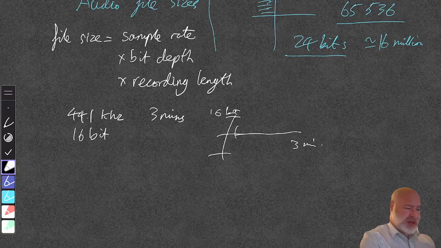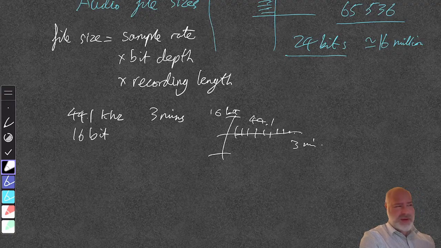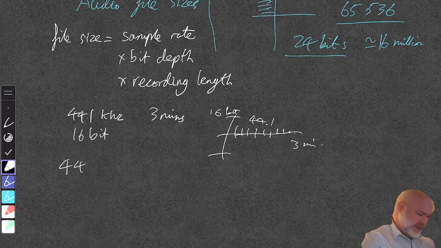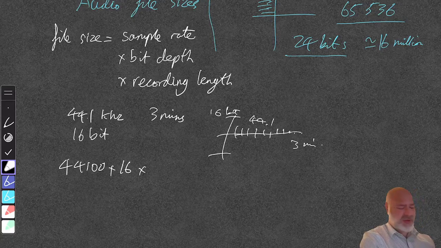Okay, 16-bit, and the sample rate is 44.1. So for every second, 44.1 thousand. The formula is going to be sample rate, 44,100. Let's do it in hertz, times by the bit depth, which is 16, and then times by what's 3 minutes in seconds.